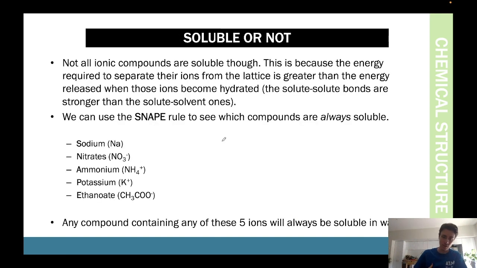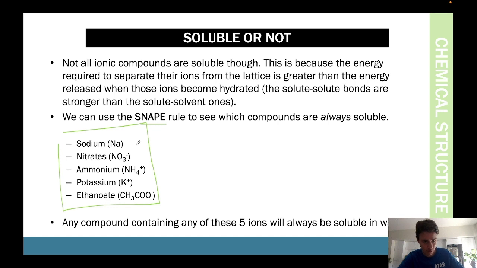And then, is something soluble or not? There's a rule that we refer to as the SNAP rule. The SNAP rule essentially says that any ionic substance that contains these will be soluble. That means it will become aqueous, it will break down, and it will dissolve in water.